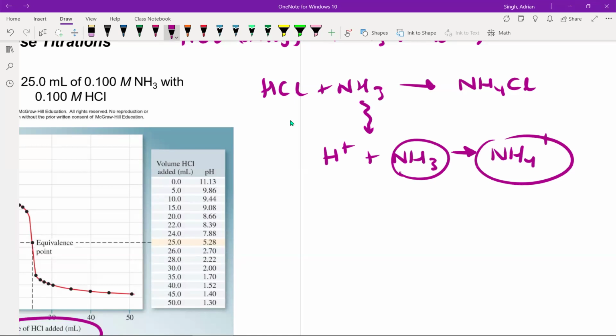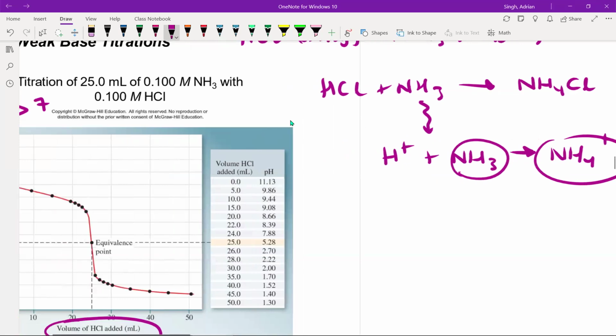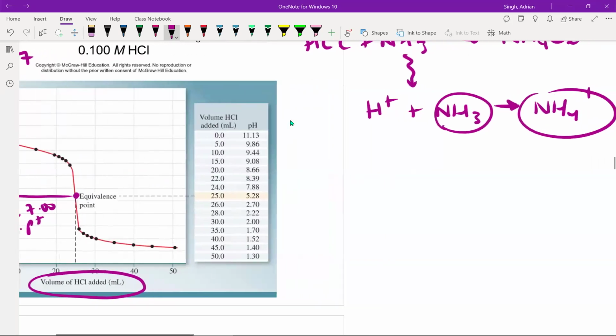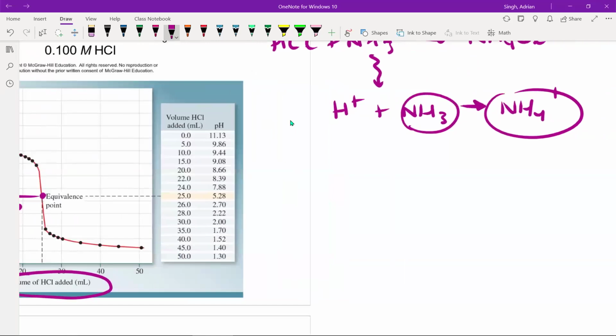What we will notice is that the pH at the equivalence point, another big difference, is less than 7. That's because the ammonium ion that is formed acts as a weak Bronsted acid.